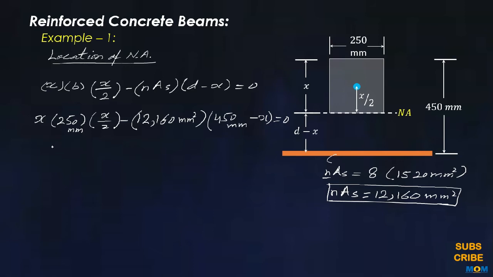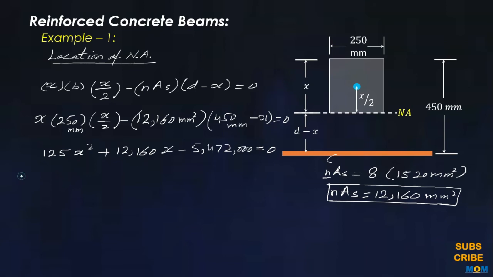Now by multiplying this, the expression becomes 125 x square plus 12,160 x minus 5,472 plus 0 is equal to 0.